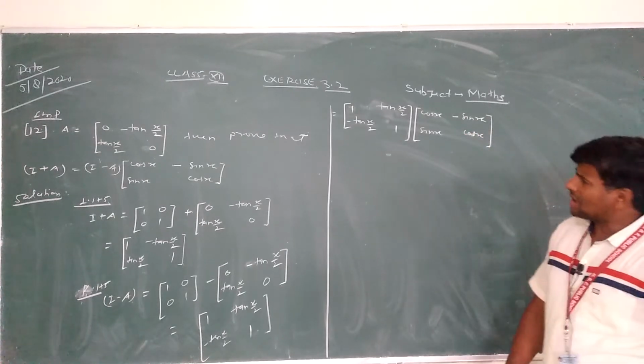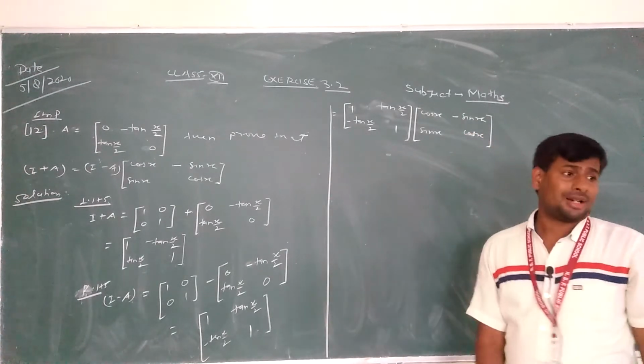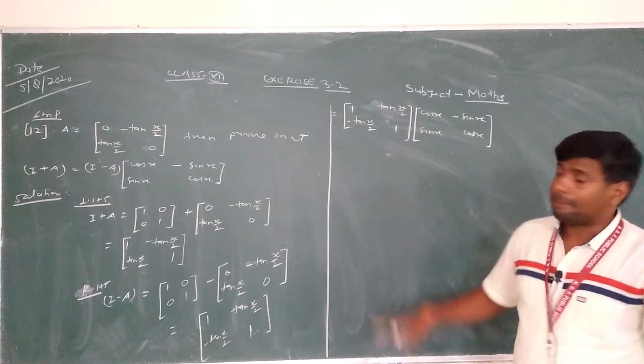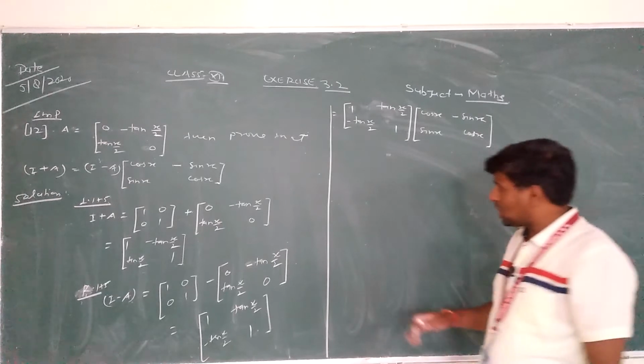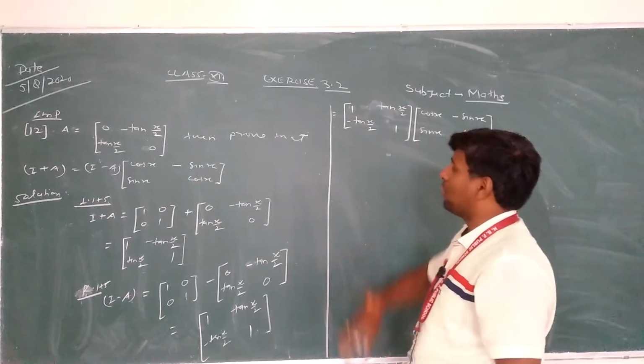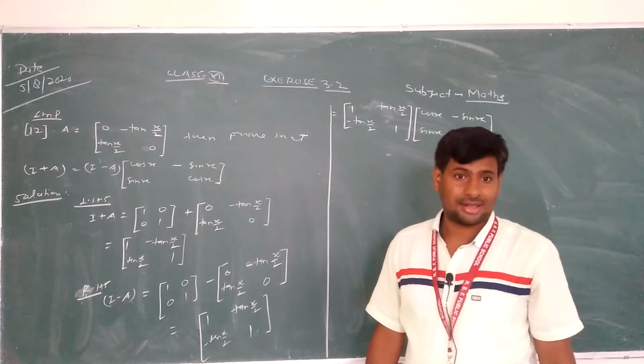So students, the first matrix is in the form of tan(x/2) and the other is in the form of sin and cos. So you need to change this matrix also in the form of tan(x/2).